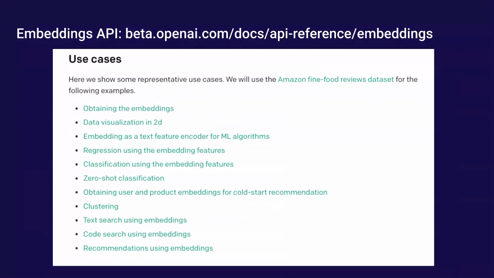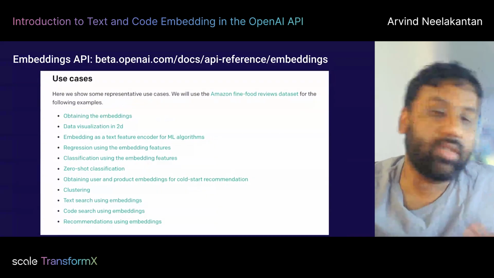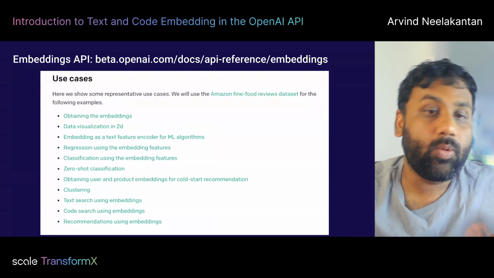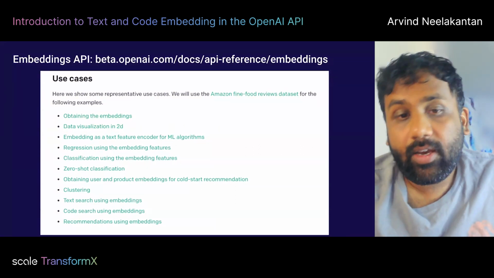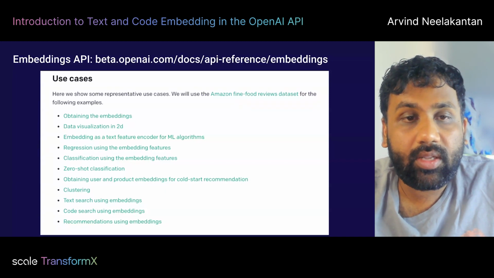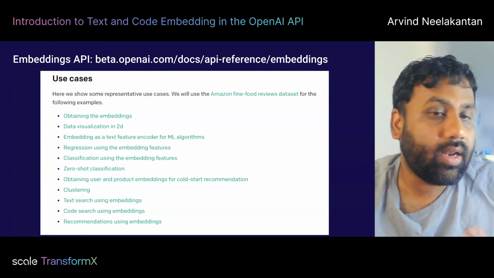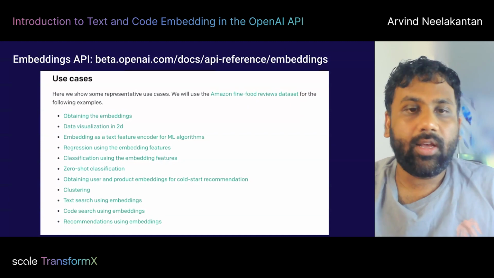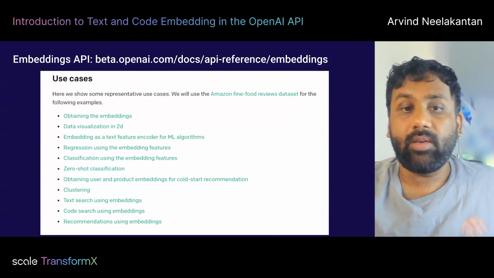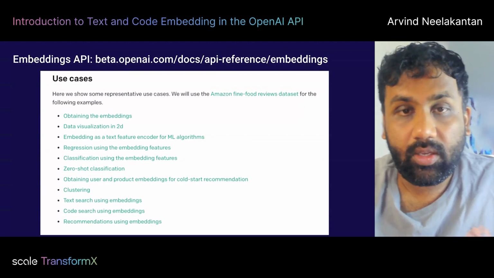And then more downstream tasks like cold start recommendation, where you're trying to match a textual description of a product with user information. And finally, another task that is quite popular is search. So you have large collections of documents or large collections of code pieces. You can embed all that, build a vector index, and then query it quickly. So these are some of the use cases.